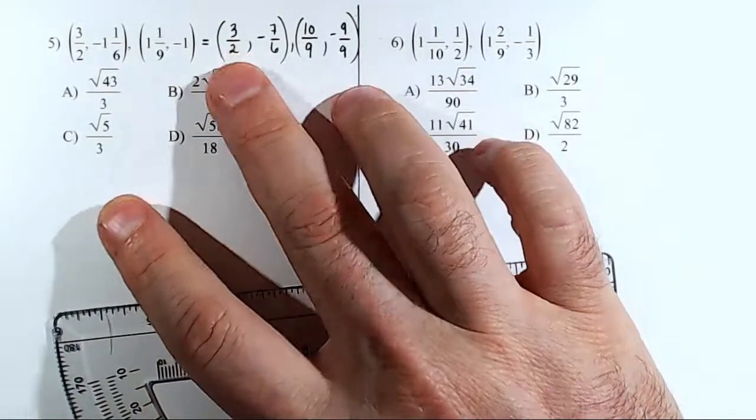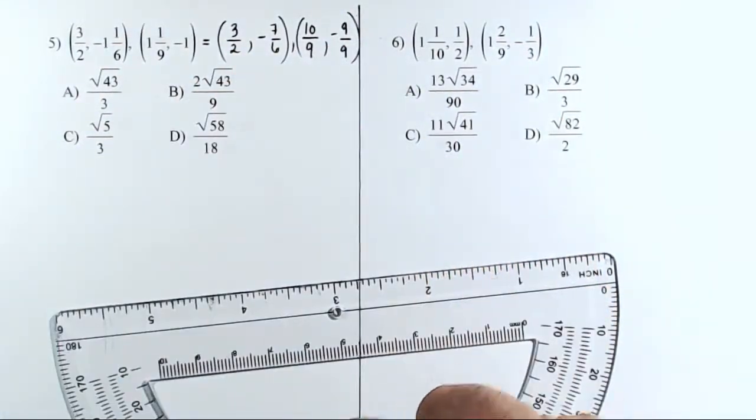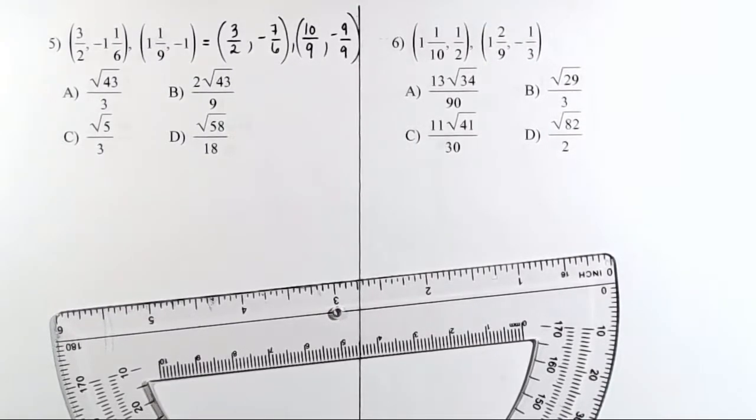And now we got to find the common denominator here and fix all these fractions. So between 2, 6, and 9, the least common multiple is going to be 18. So I'll multiply 3/2 by 9/9, -7/6 by 3/3, and then 10/9 and -9/9 both by 2/2.